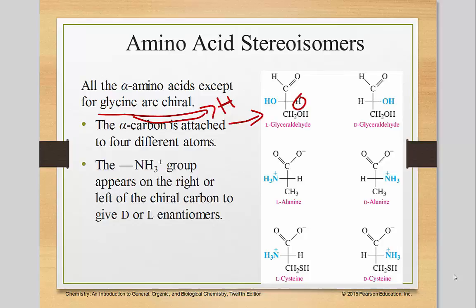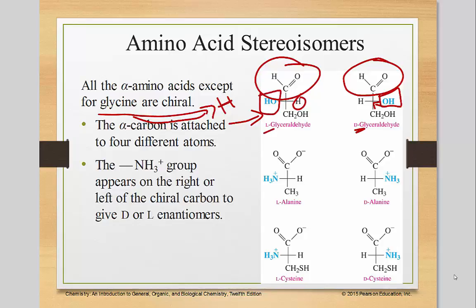We had the aldehyde at the top, and then we looked at the last chiral carbon, and we looked at the OH. If it was on the right, it was a D. If it was on the left, it was the L.